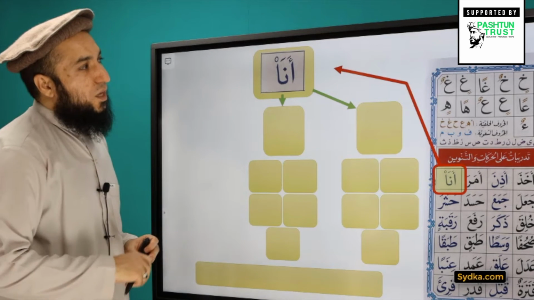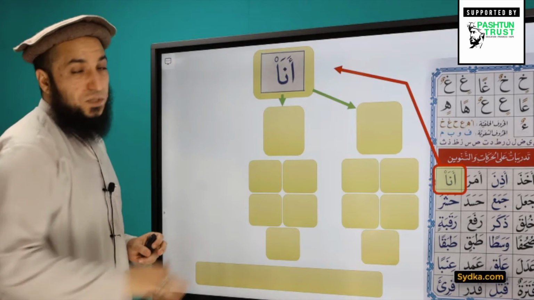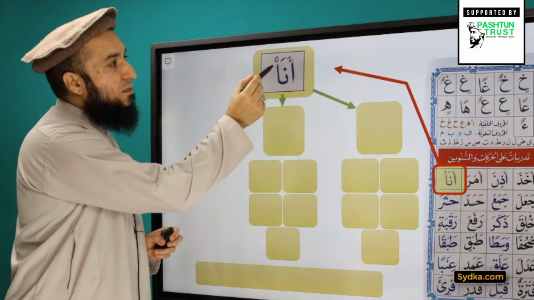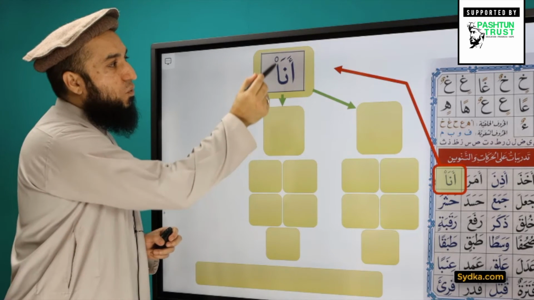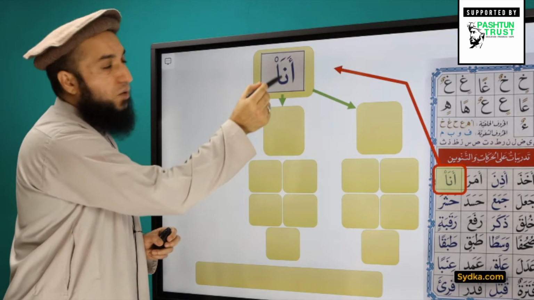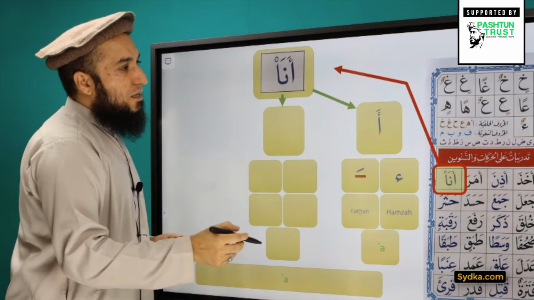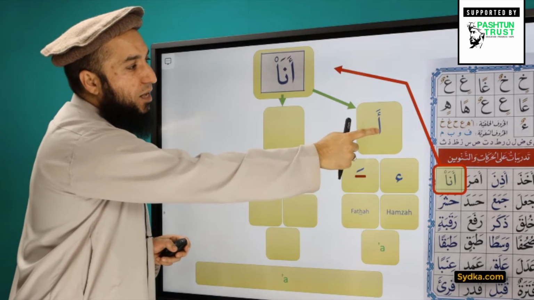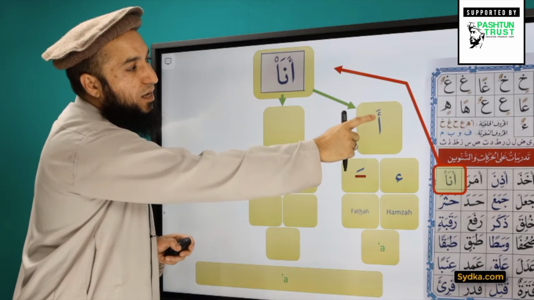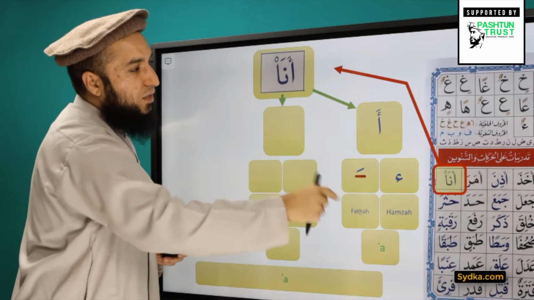The next word we have is ana, which has two syllables. If you notice this sign, that means we have to ignore this part. The first syllable is hamza fatha, a, and alif is silent, and then hamza not silent, and then we have fatha.